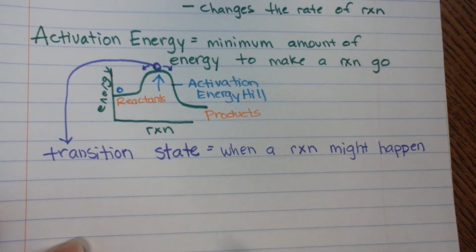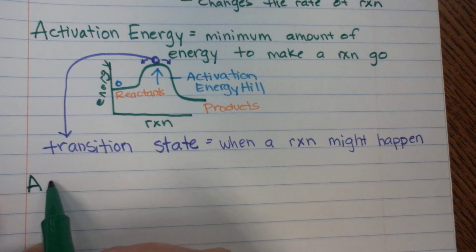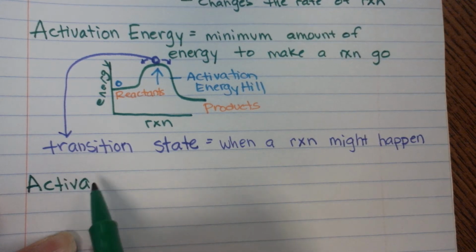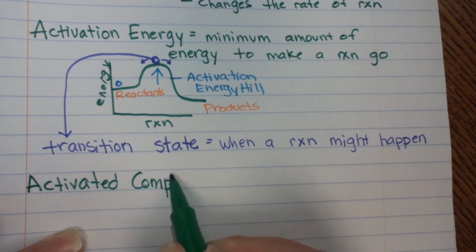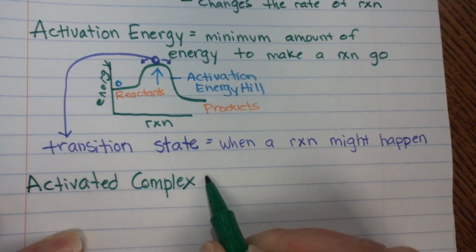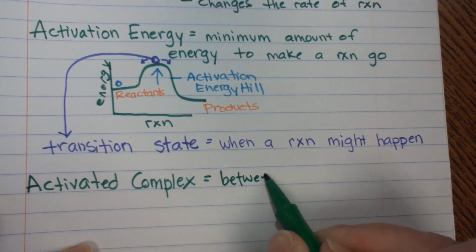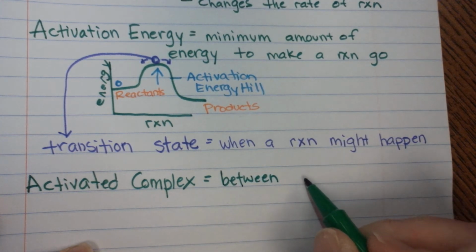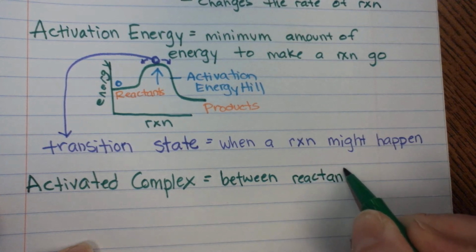Here's a definition that we're just going to throw in there. The activated complex is between reactants and products. So they're not quite still reactants, and they're not quite products yet.